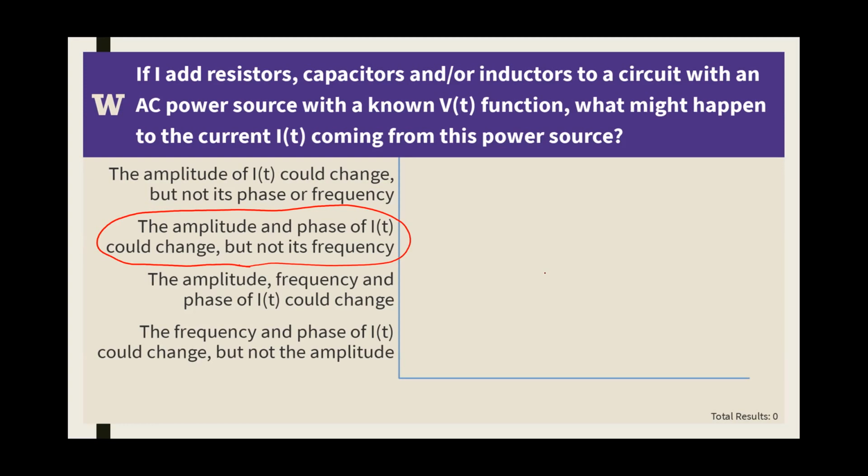I would not change its frequency. So if I am driving the circuit with a power source that's oscillating 60 times per second, then the charge on the capacitor is going to be oscillating back and forth at the same frequency, 60 times per second. My resistors, capacitors, and inductors won't be changing the frequency of the circuit.